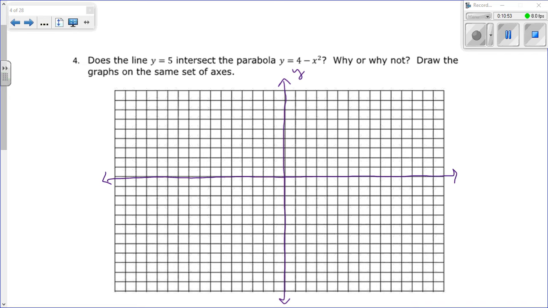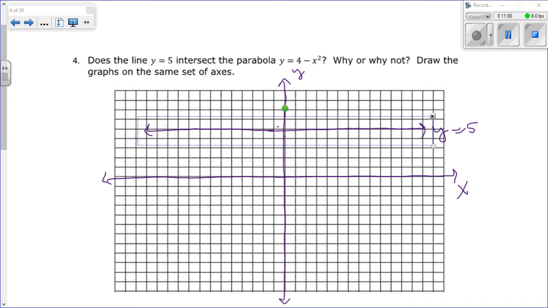This is y, this is x, y equals 5, so it's 1, 2, 3, 4, 5. So this is y equals 5.